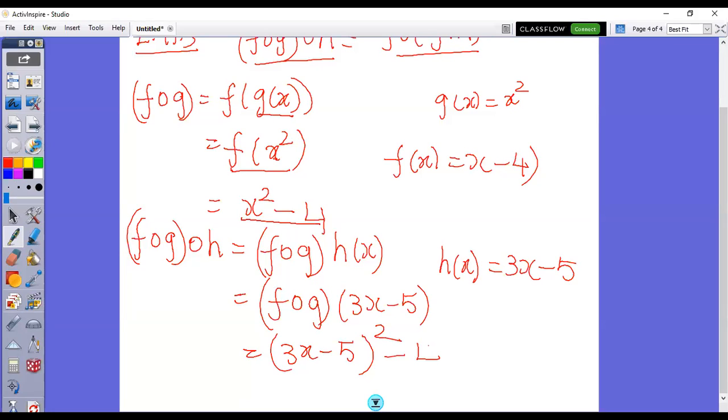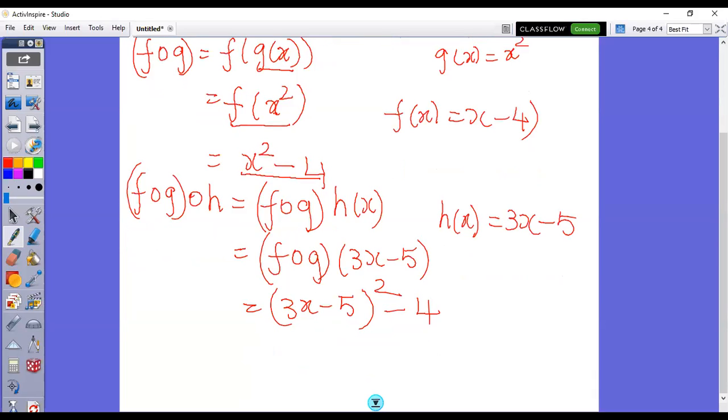So same method, (a minus b) the whole square is a square, 3 square is 9x square, minus 2ab, 2 into 3x into 5, plus 5 fives are 25, minus 4.